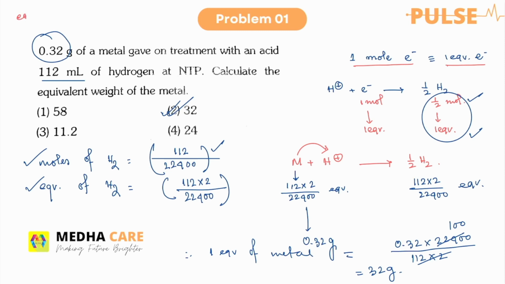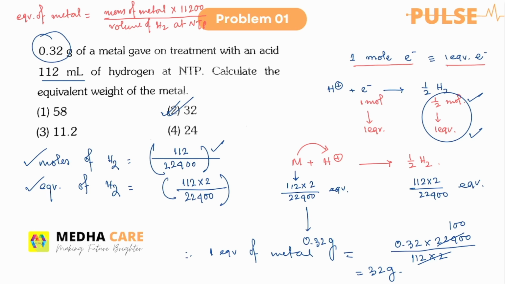So equivalent weight of metal will be mass of metal into 11,200 divided by volume of hydrogen at NTP.